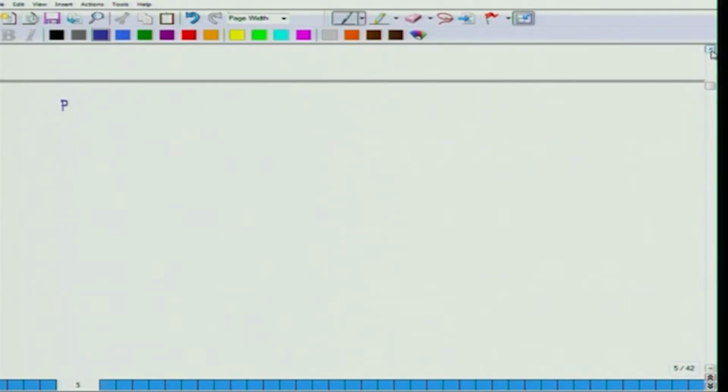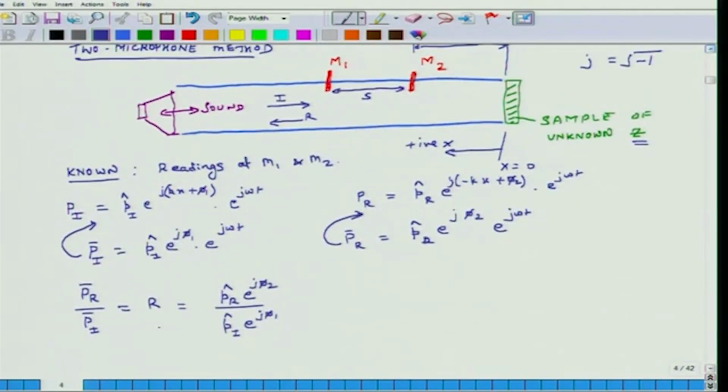So if I use these two things, then I can rewrite my expression for P. This is my reflection coefficient, and the value of pressure at M1 will be Pi calculated at x equal to x1 plus Pr calculated at x equal to x1. Similarly, I can calculate pressure at location 2 for mic 2.